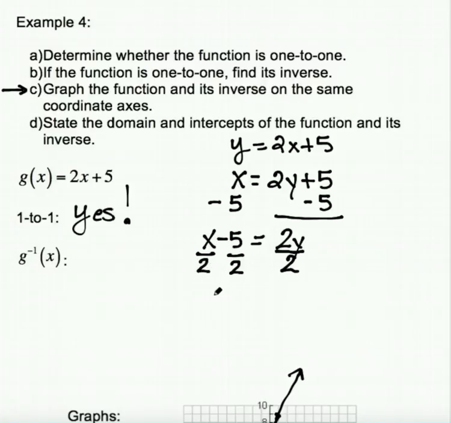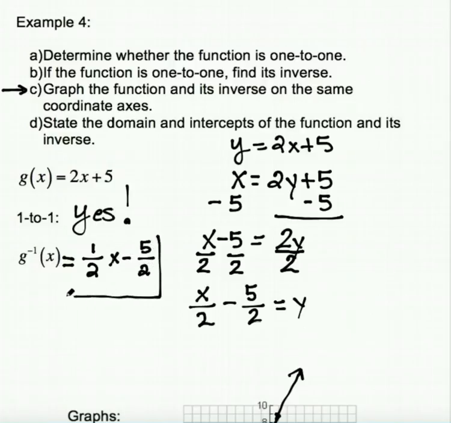That's going to give me x divided by 2 minus 5 halves is equal to y. So what is the inverse equal to? g inverse of x is equal to 1/2 x minus 5 halves.